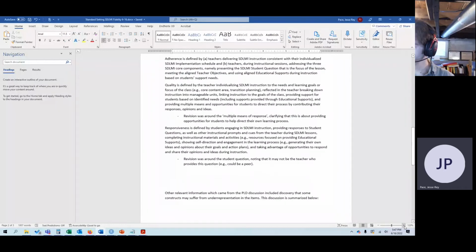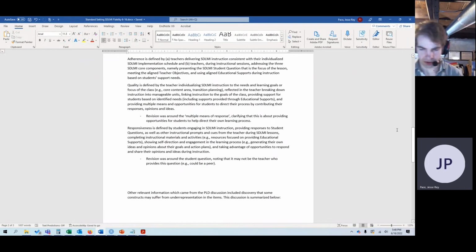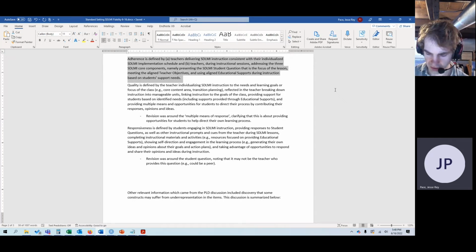What these performance level descriptors are is a description of an implementer who is implementing the SDLMI with minimally sufficient fidelity. So if we look at one of these performance level descriptors, we can grab adherence here. This accurately describes any implementer's implementation that is minimally sufficient in terms of alignment with the SDLMI as intended.